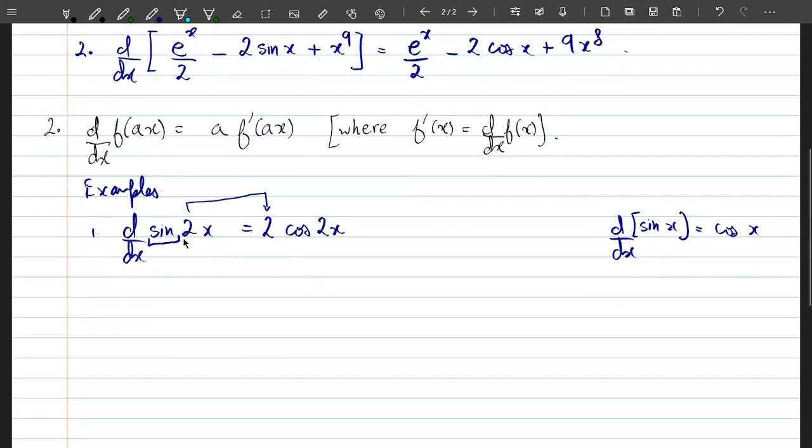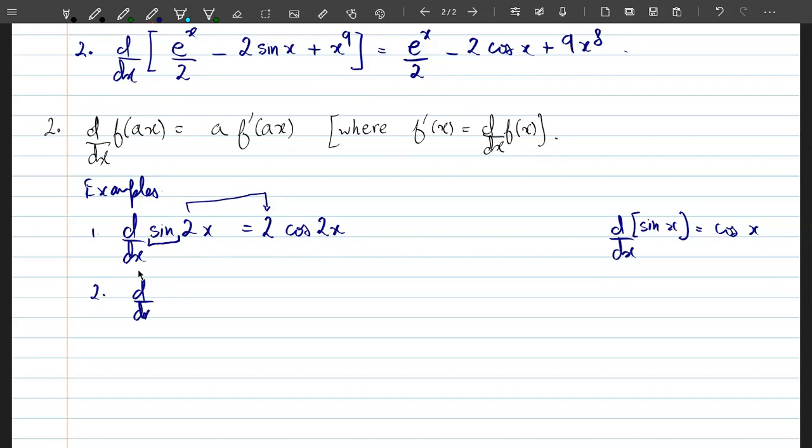When you are differentiating, the constant inside this function pops out. It just comes out as 2. So here 2 comes out, but it does not go away. So it comes out as an extra thing. So this 2 inside remains. So sine 2x becomes cos 2x, but the 2 comes out each time you differentiate.